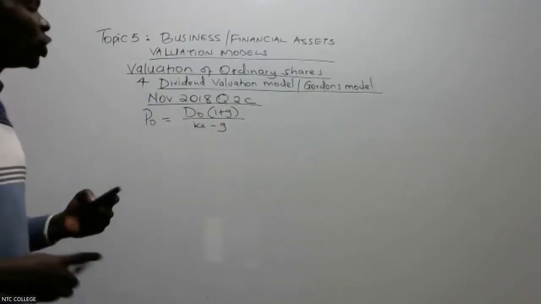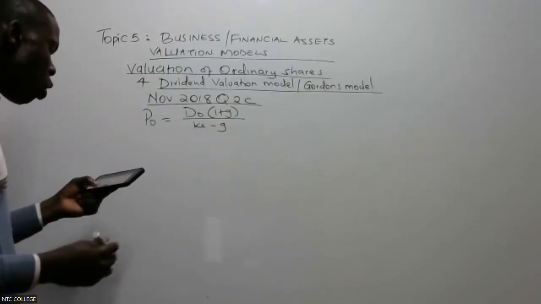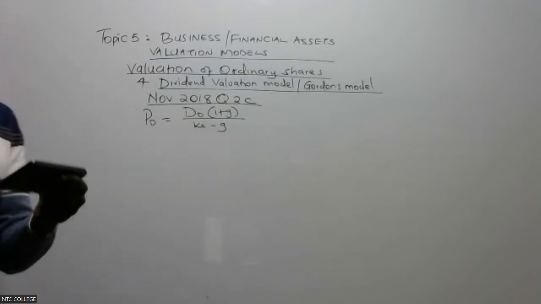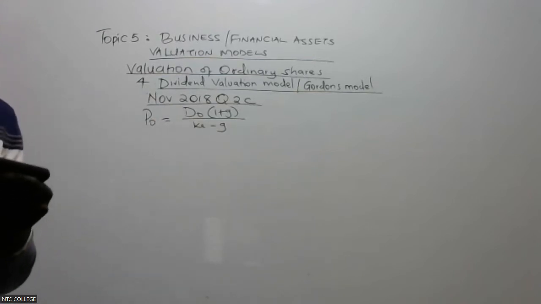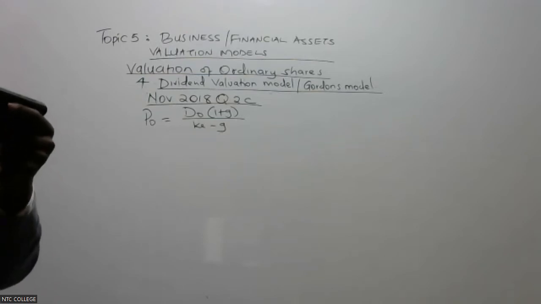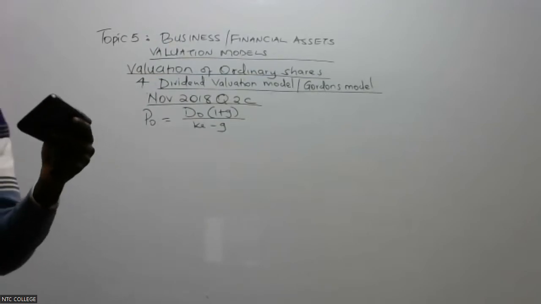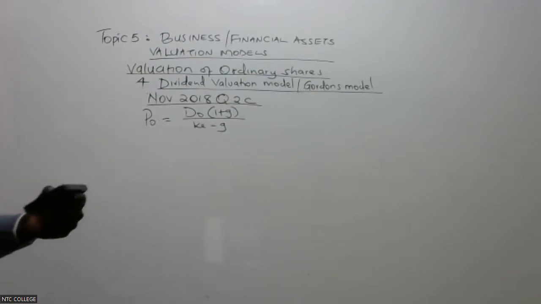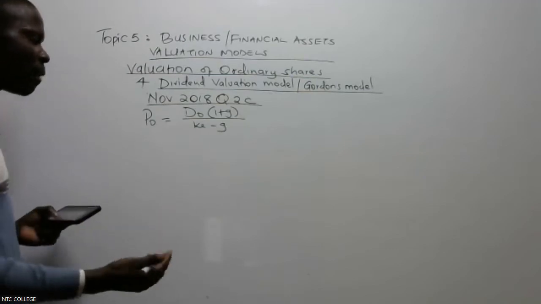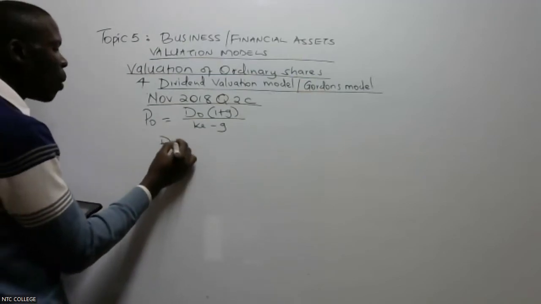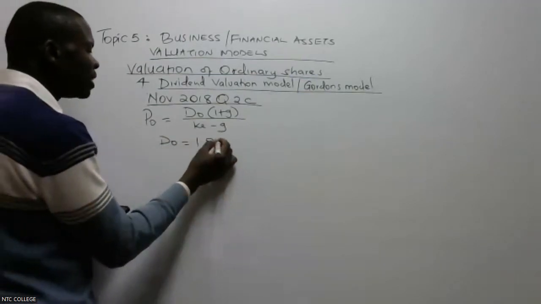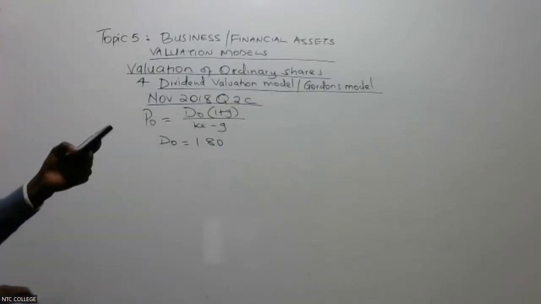Right? So, what is our D0? We have been given various dividends per share, and the last year under consideration, 2017, the DPS is 1.80. That is our D0, 1.80.